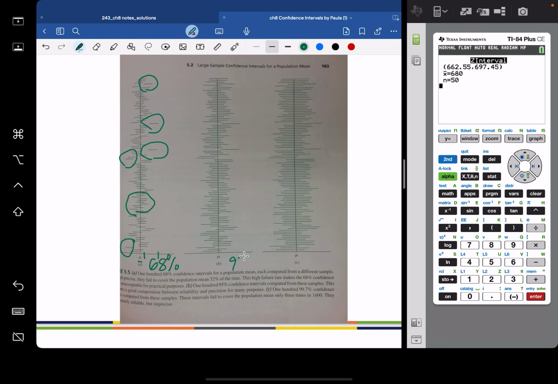A 95% confidence level means that you are only going to miss 5 out of 100 times. There's a miss right there. 2, 3. Do you see any other misses? I think I see some misses right here. Those intervals missed mu. But most of the time, our intervals capture mu.